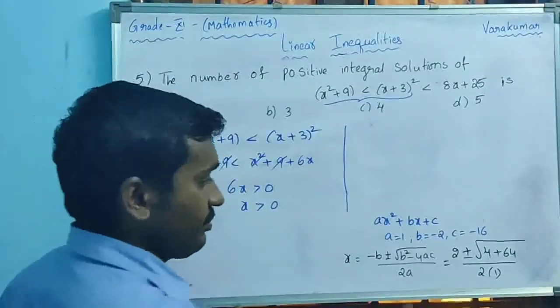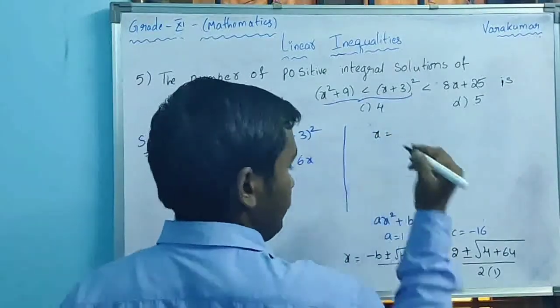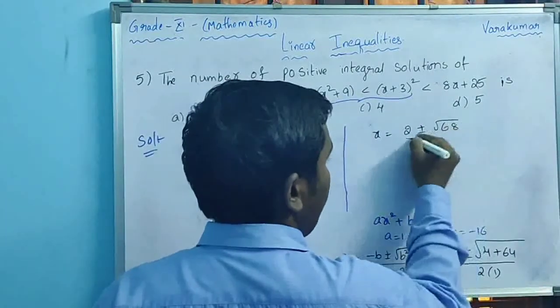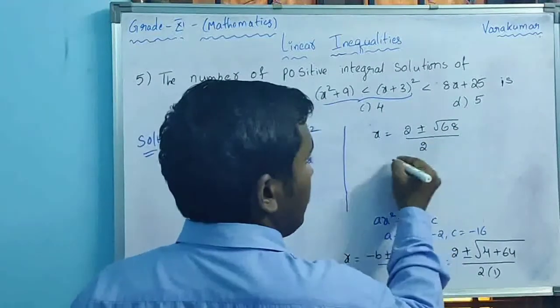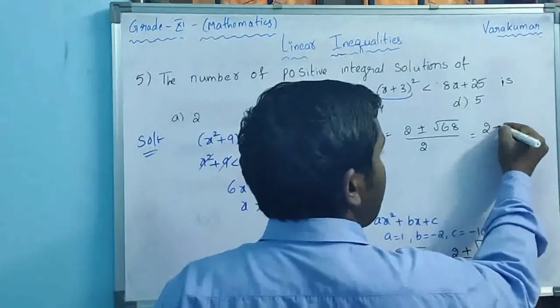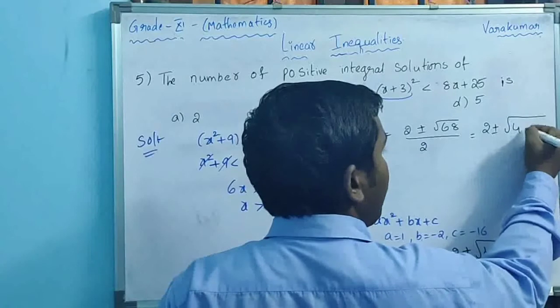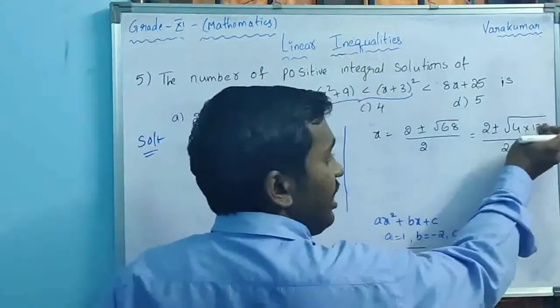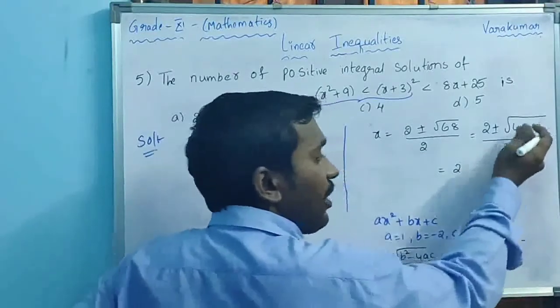I'm getting x is equal to 2 plus or minus root 68 by 2. Then this becomes 2 plus or minus, here I can write 4 into 17, by 2. Here 4 into 17, so I can bring the 4 out.